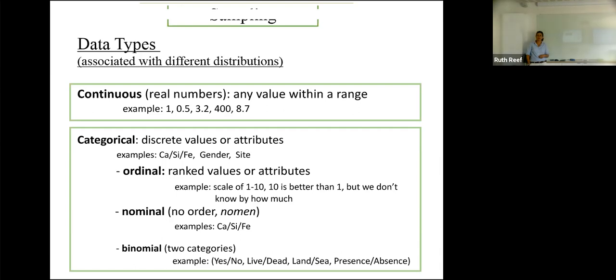These are the yes or no questions: true, false, dead or alive, land or sea, presence or absence of something. So these are the main types of data that we have. Really we're talking about things that are continuous versus categorical, and the statistical tests we use will really depend on what kind of data we have in our spreadsheet.